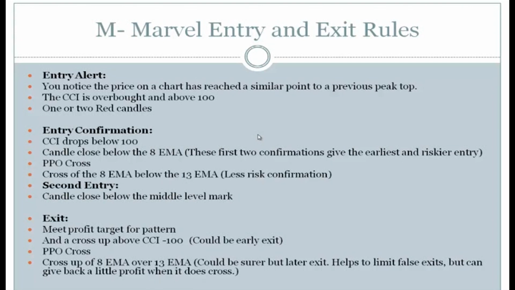This can be a surer signal, but it also can mean that you're giving up some of the profit if you had exited a little bit earlier. It eliminates false exits, but at the same time, if you wait for that signal, you can be actually giving up a certain amount of profit.